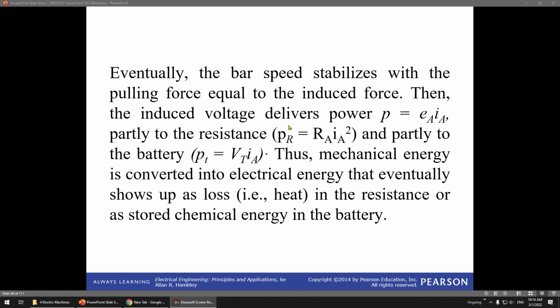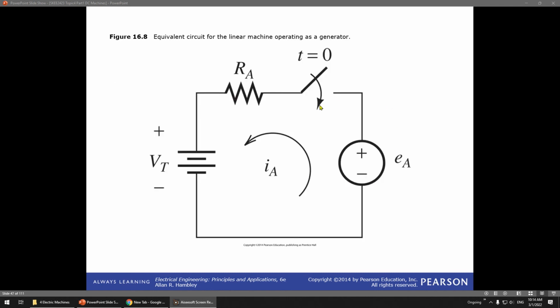The induced voltage delivers power EAIA, partly to the resistance, PR equals RA IA squared, and partially to the battery, PT equals VT IT. So when you deliver this, some power is lost here and some power goes to the VT.